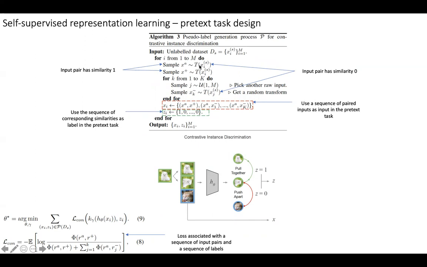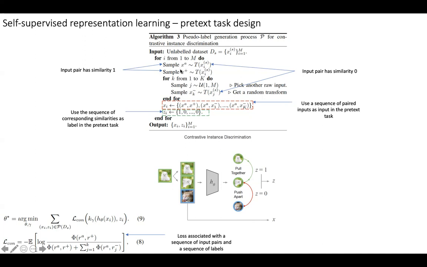You can achieve this by, for example, different rotations, such as 5 degrees, 10 degrees, and 25 degrees. Then you have a sequence of images of different rotation degrees, and you sample one of them as the anchor, and then you sample another one from this distribution.